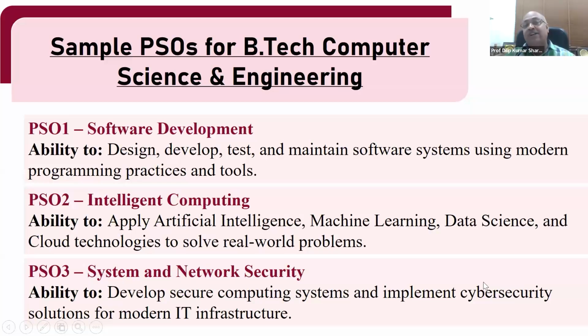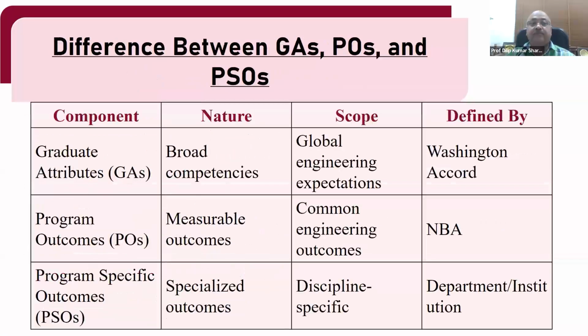So you will have program specific outcomes for all your engineering programs and management programs. It will be unique. Now you can see the difference between the graduate attributes, program outcomes and program specific outcomes. Graduate attributes: the nature is broad competency, 11 competencies.